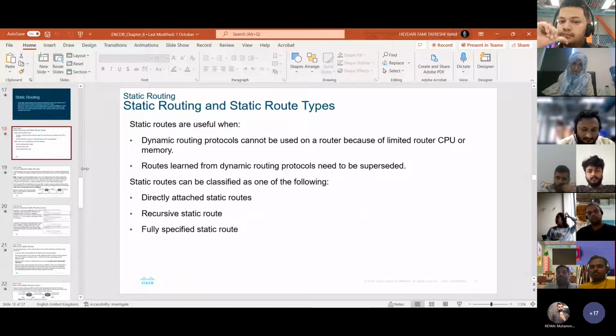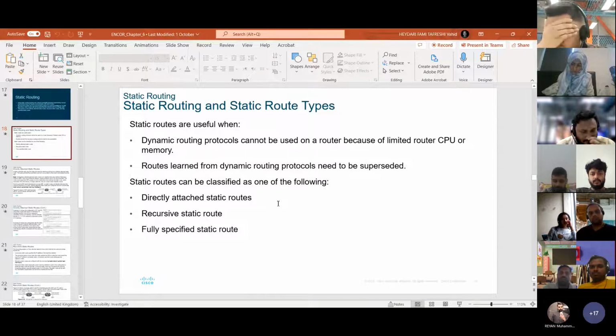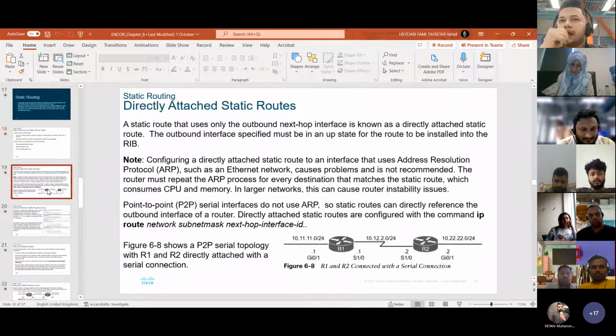And we're going to use this preference for certain scenarios. We don't want sometimes to leave everything to the dynamic or automatic behavior of the routing protocols. 3 types, as I said, for static routes. In fact, it should be 4 types because the default static route is another example, but it's not in this slide, but just bear it in mind.